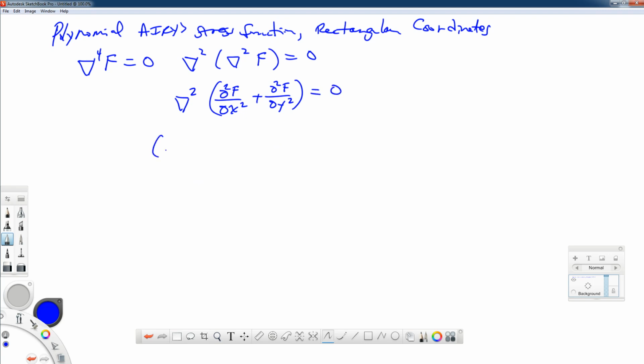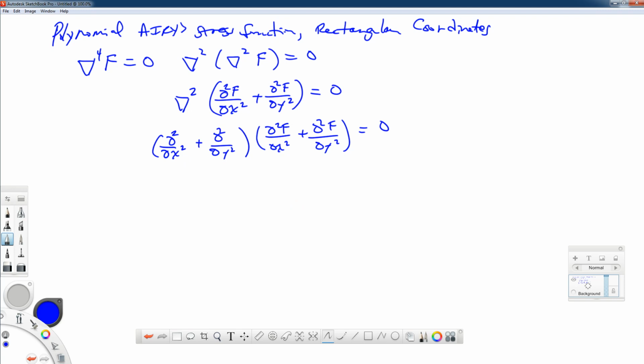Now, del squared is an operator that looks like this. And so we can algebraically do these manipulations. So we're going to end up with 4 terms.